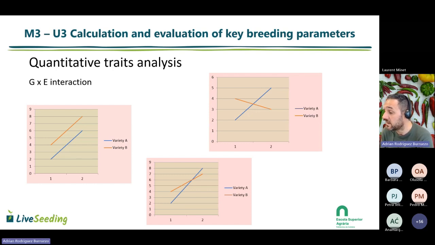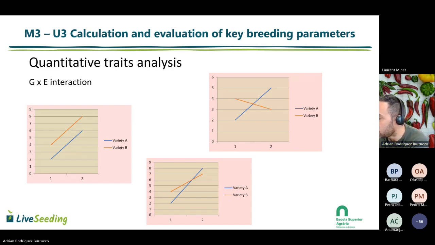No, because one environment increases the yield in one variety and decreases it in the other, and the contrary in the other environment. In this case, we have genotype by environment interaction. Some varieties behave well in one environment and badly in the other, and the ones that performed badly in the first environment are good in the second. This is a crossed effect, changing the environments, and then there is genotype by environment interaction.